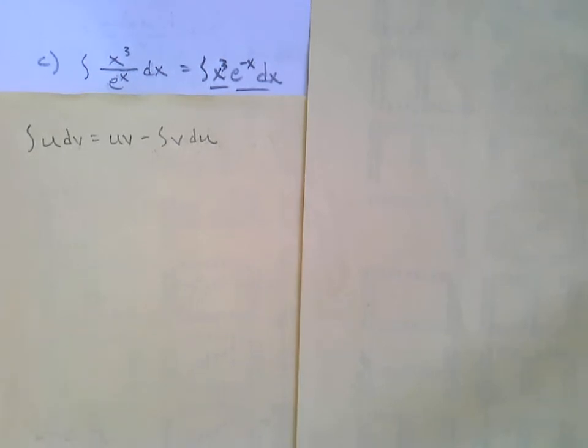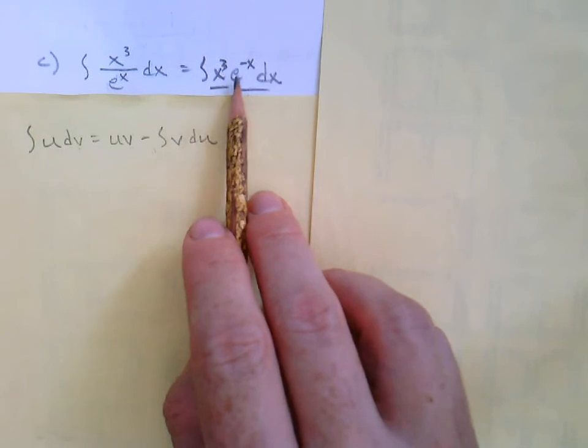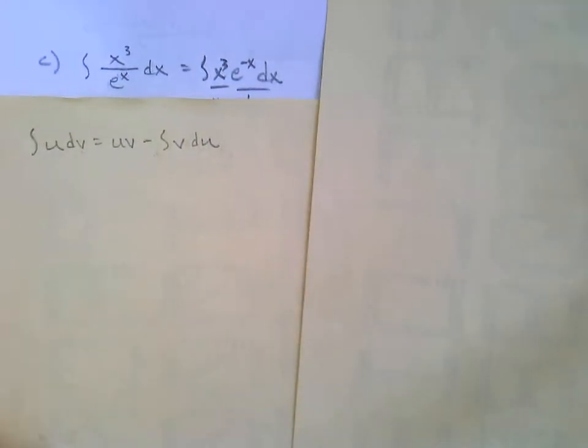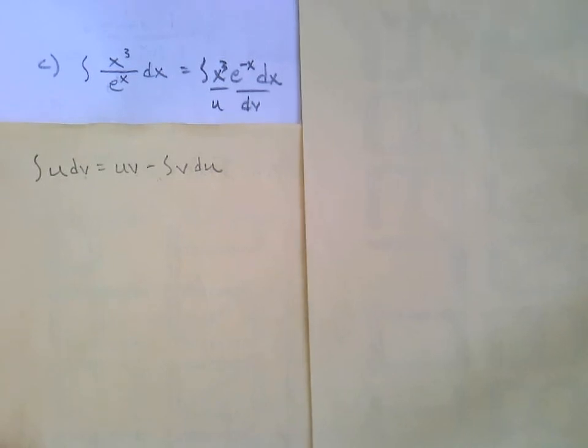And this time, this would be a lot more interesting if we were in the classroom together and I could ask, which should we pick for u? Which should we pick for dv? But since you can't interact with me here, I'm just going to tell you.